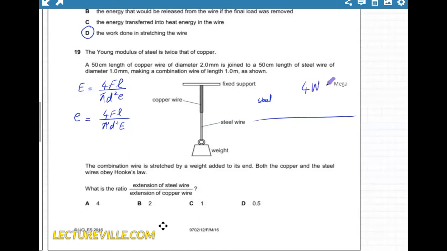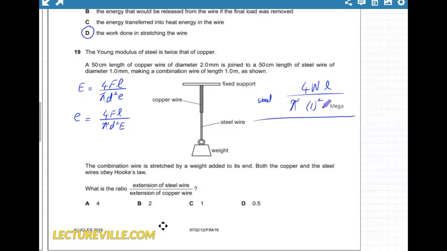Length is the same. I will just put L over pi. The diameter of the steel wire was 1, squared. I don't need units over here because I'm just finding a ratio.